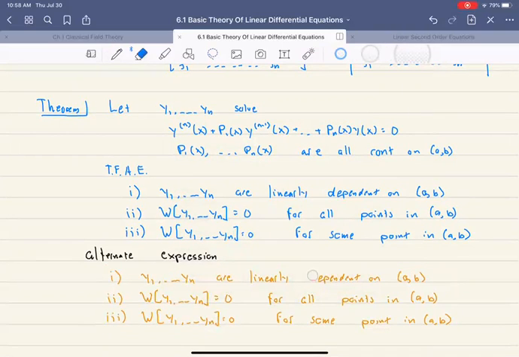Instead of writing linearly dependent, I could write linearly independent, and then these should not equal 0.